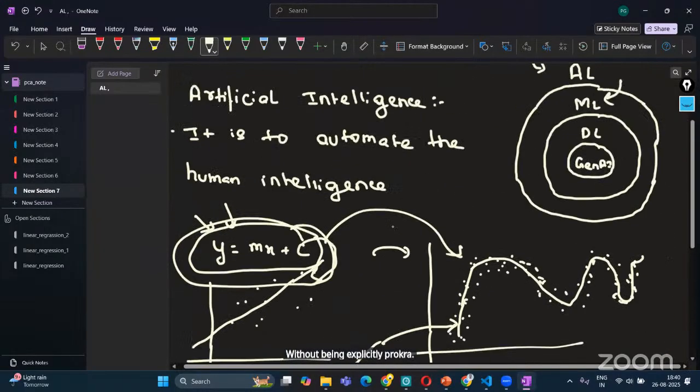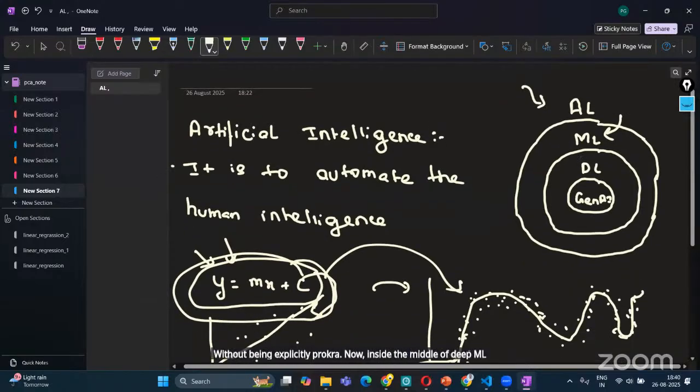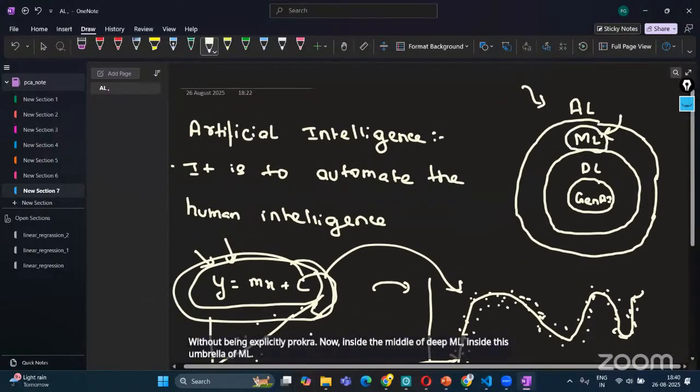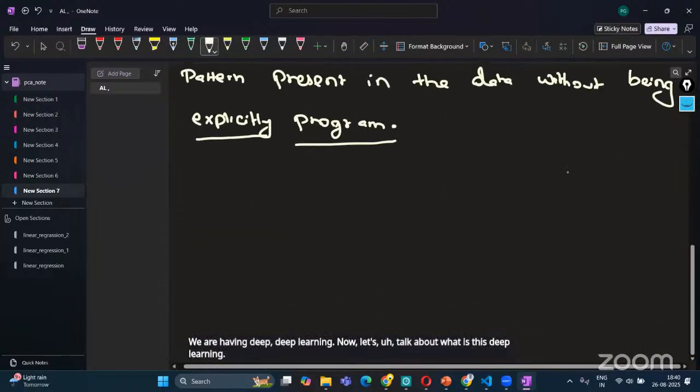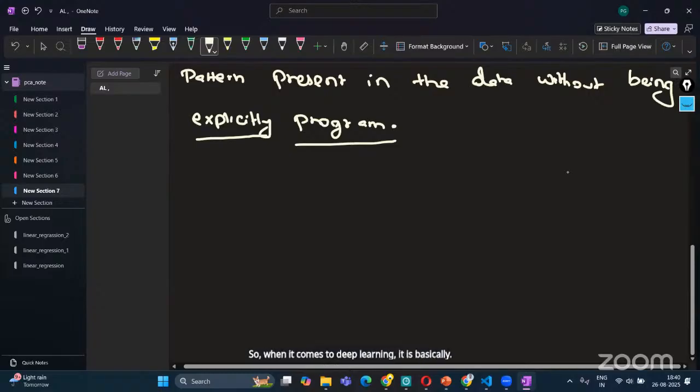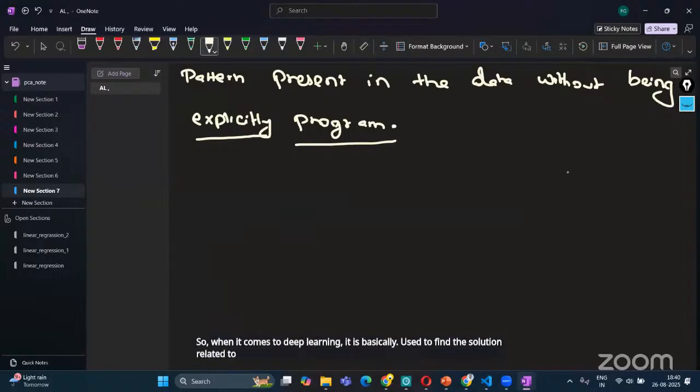Now, inside this umbrella of ML, we have deep learning. Let's talk about what deep learning is. Deep learning is basically used to find solutions related to audio data, video data, image data, and text data.